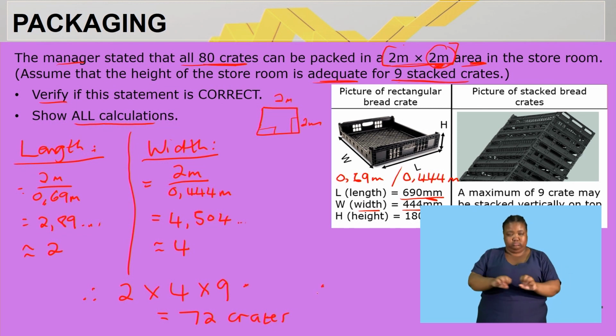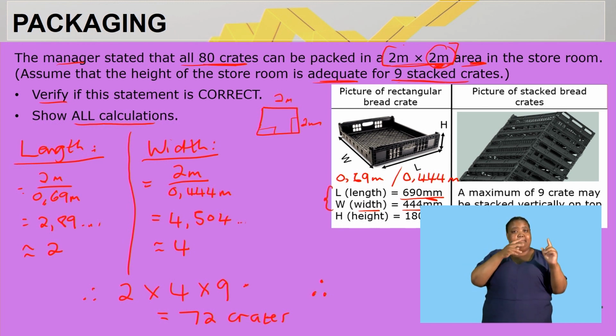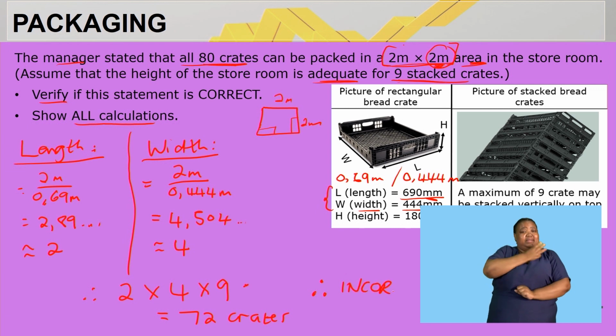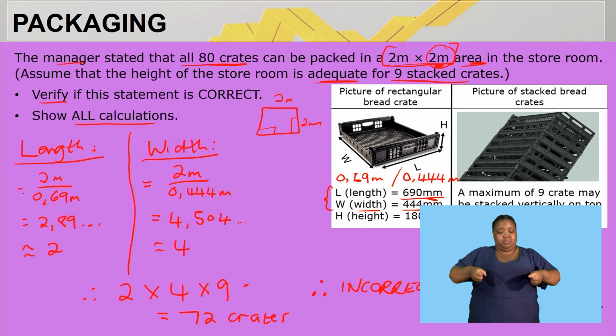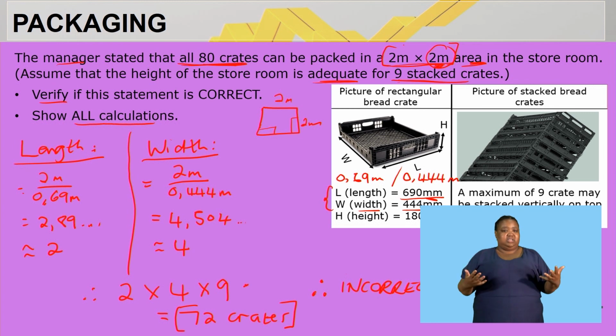So therefore, guys, very important, we have to conclude, making this statement incorrect, right? So the statement is definitely incorrect. Remember, the manager stated that all 80 crates can be packed in the storeroom, but we just calculated that there's only room, only space for 72 of these crates, making the statement wrong.